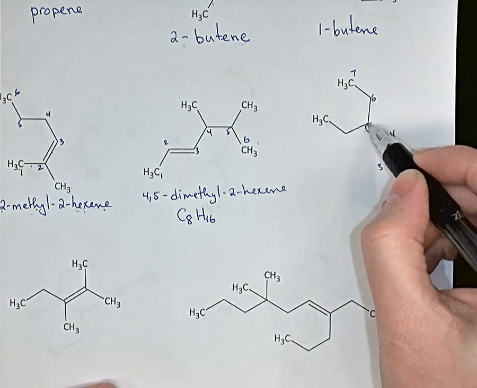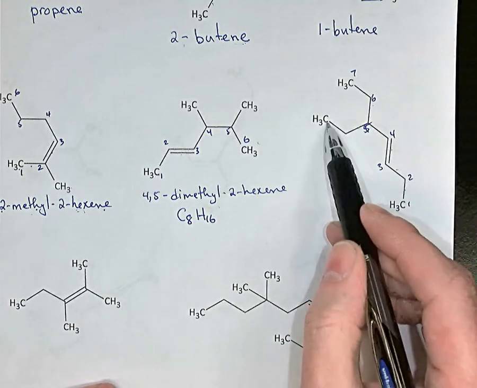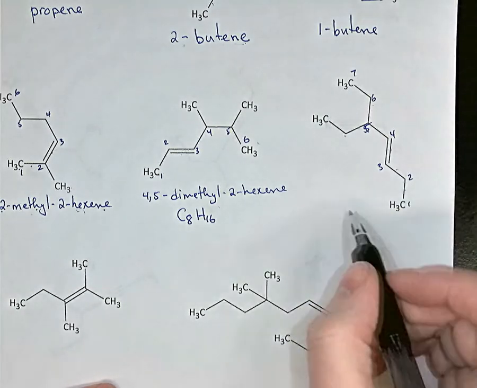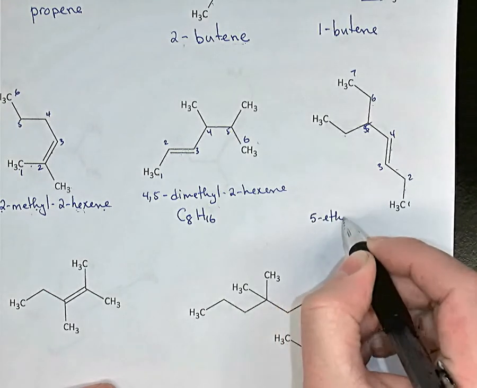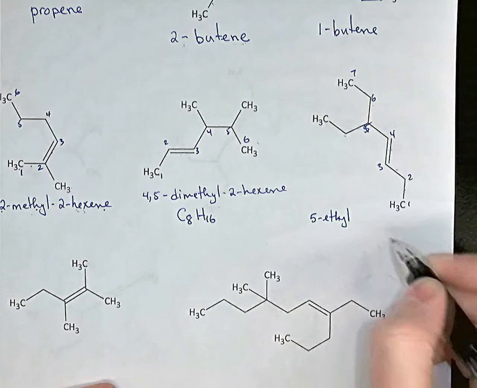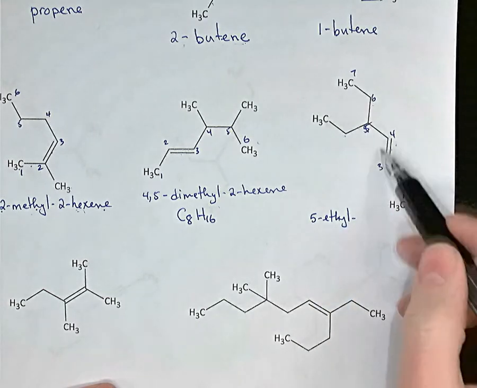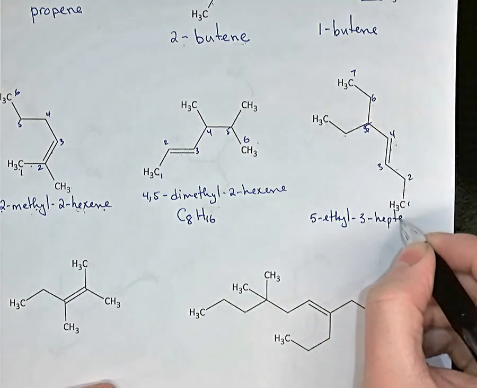But on carbon number 5, there is a branch, and the branch here has 2 carbons in it. So a 2-carbon branch is ethyl. So this guy's name altogether would be 5-ethyl, there's the branch, dash, and now the parent chain with the third bond is the double bond, so 3-heptene.